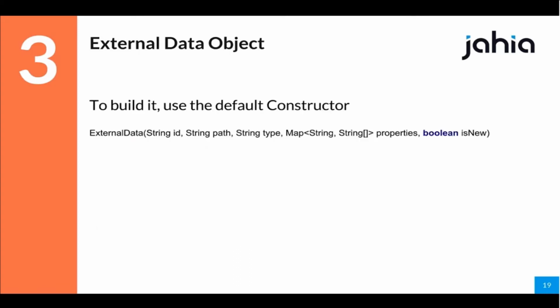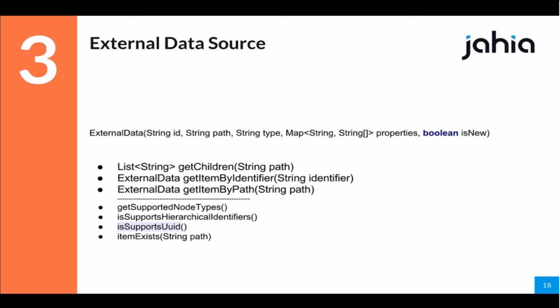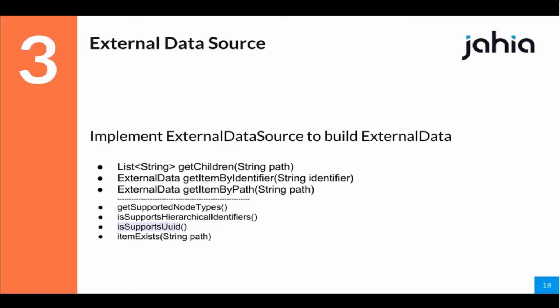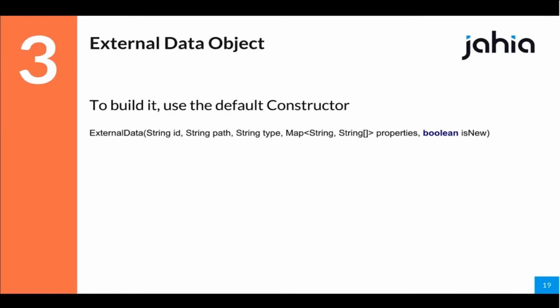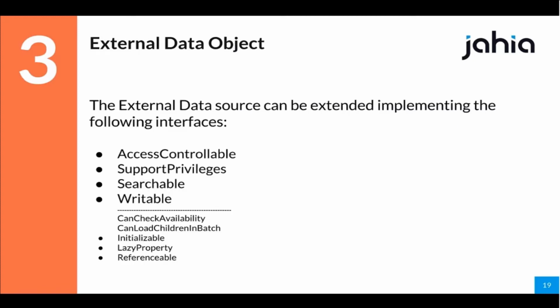Each of those methods, getItem by identifier and getItem by path, is returning an external data. External data, that's a node, so that's where you return the ID, the path, and all the properties that describe your data. So it's really simple Java code. I will show you that.